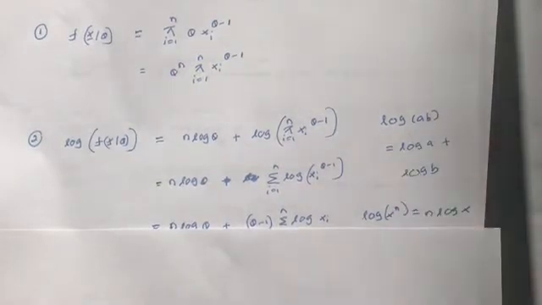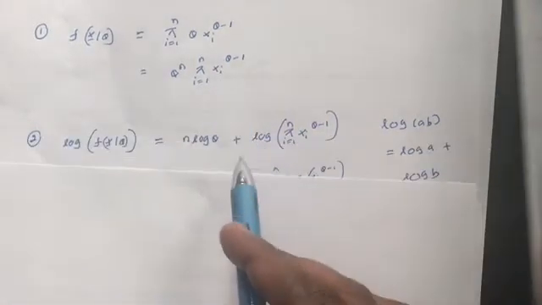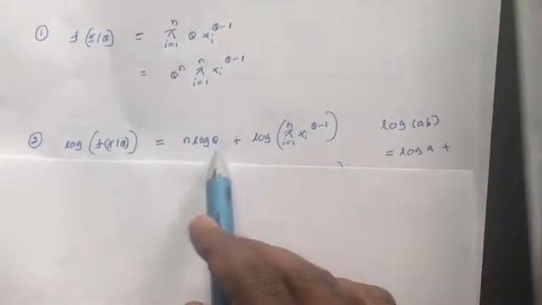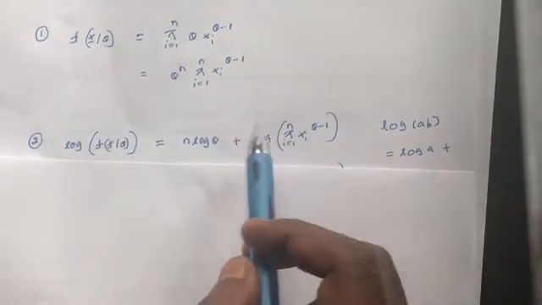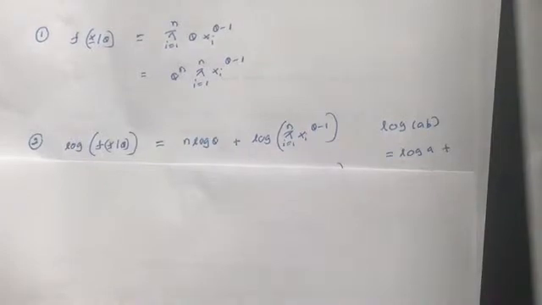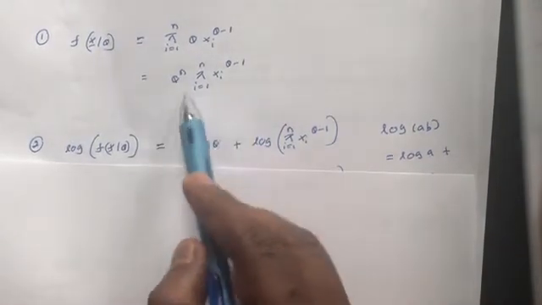So based on these two properties, I can write this initial likelihood function as a summation of two components, because when you take the log of this function, it will be equal to log of theta to the power n times this product term.